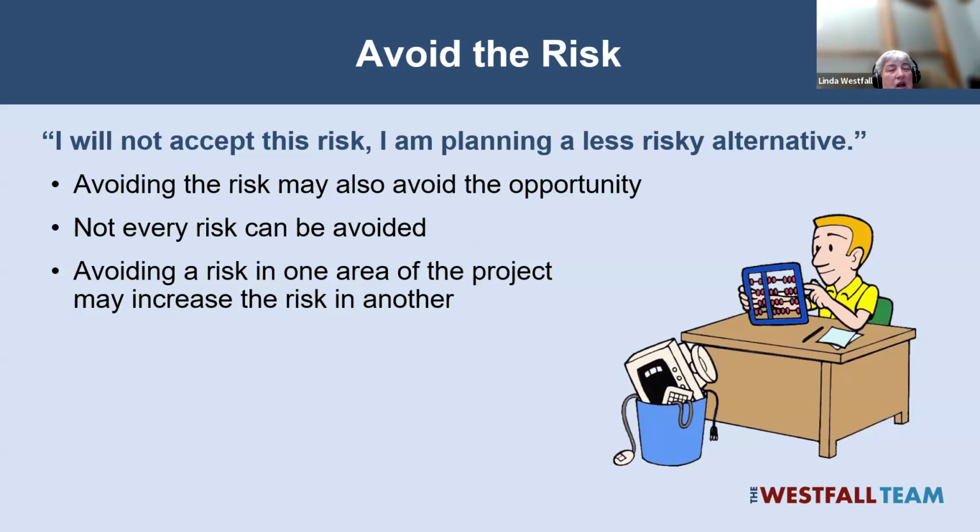For example, the easiest way of avoiding the risk of finding too many defects in your software late in the life cycle is to just not look for them. Stop testing. I actually had a boss once who told me, we need to stop testing now because we need to deliver in a month. And if you find any more defects, we won't be able to ship in a month because we can't ship with known defects.